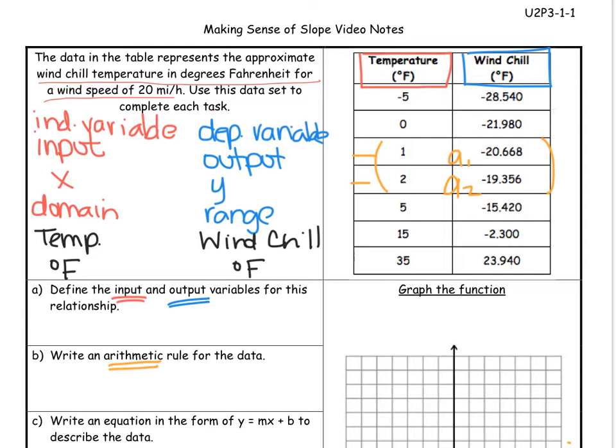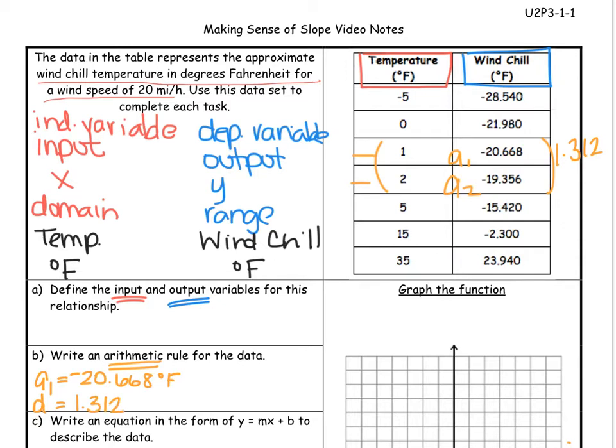So if we're going to write an arithmetic rule for that, our first term is negative 20.668 degrees Fahrenheit. Our common difference, how do we get from one term to the next? Well, what we're going to do is add 1.312 over here. So our common difference is 1 and 312 thousandths.